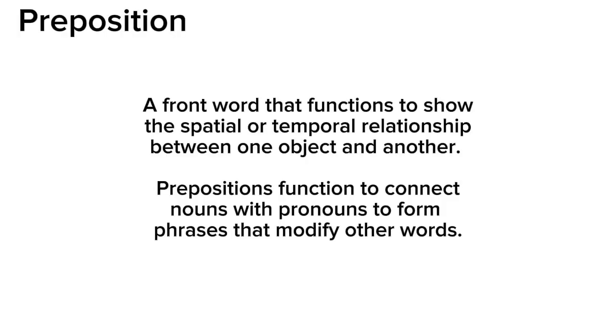A preposition is a front word that functions to show the spatial or temporal relationship between one object and another. Prepositions function to connect nouns with pronouns to form phrases that modify other words. Prepositions are divided into 6 types.